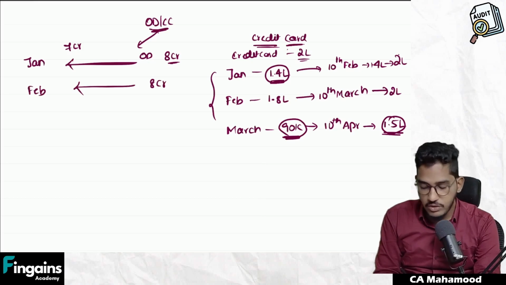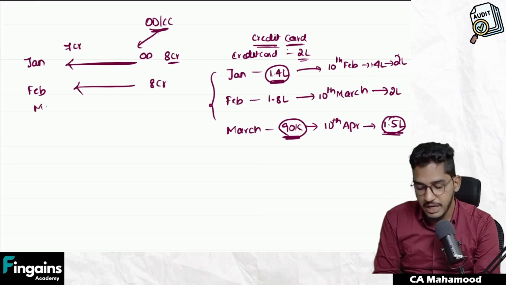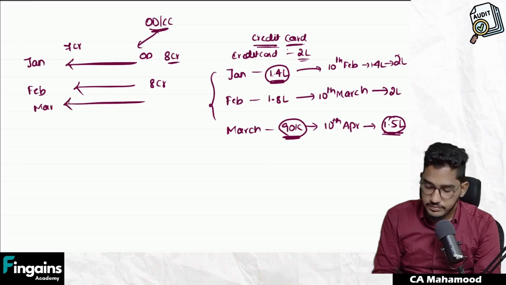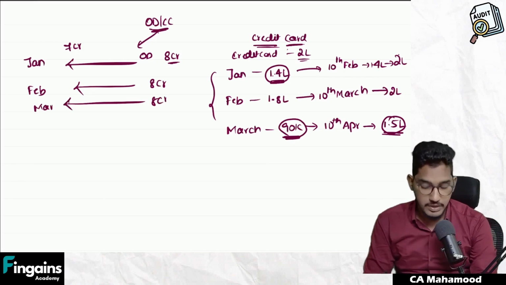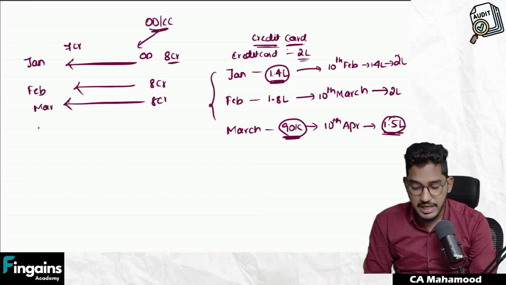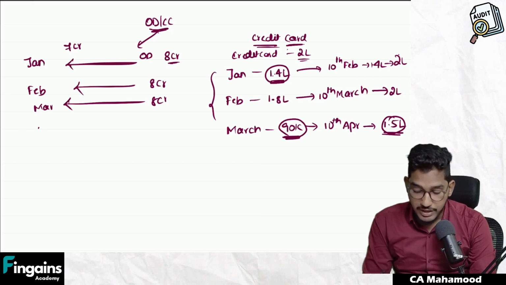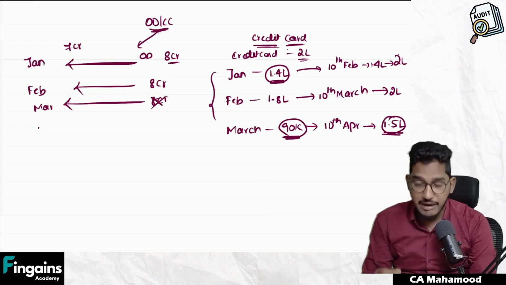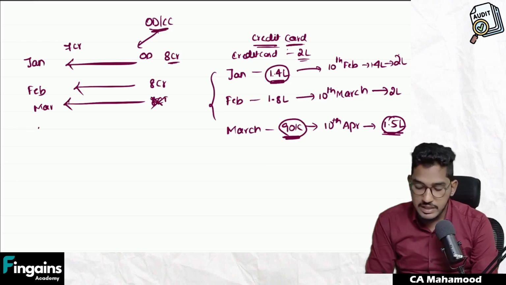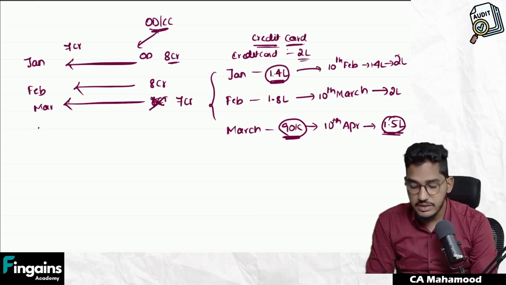In the month of February also, you have used some amount of OD, you will repay it. In the month of March, once again they will reset your limit of 8 crore. Now in the month of April, when you submitted the stock statement, they came to know that your stock value has fallen. At that point of time, when you make the payment, they will not reset it to 8 crore rupees, they will now reset it to only 7 crore rupees.